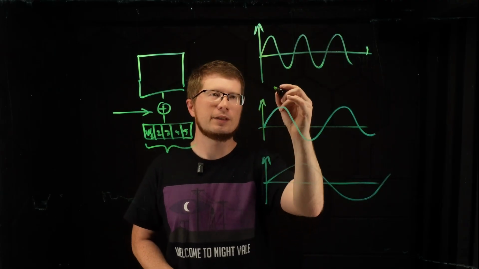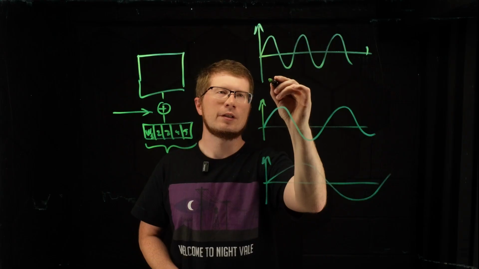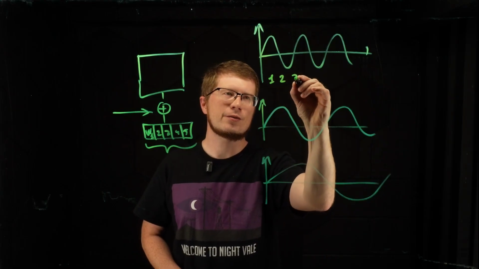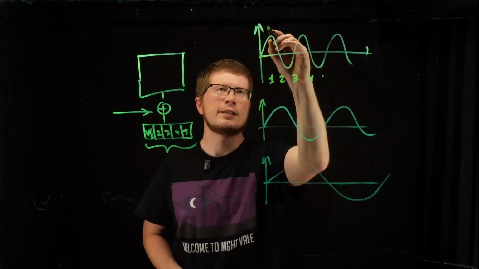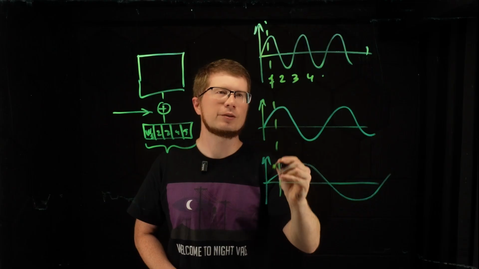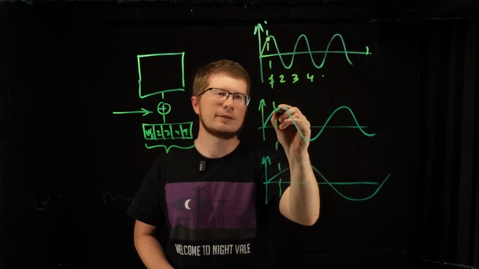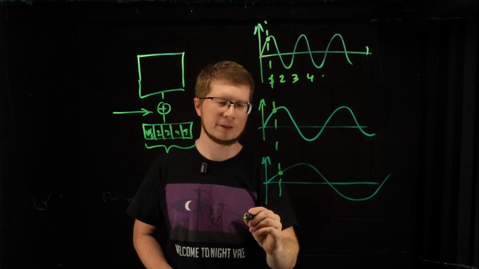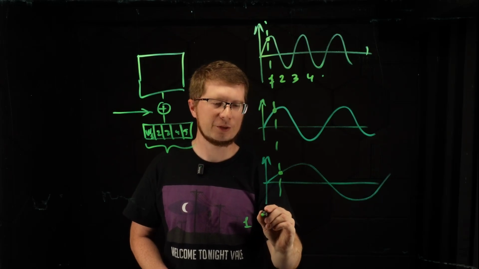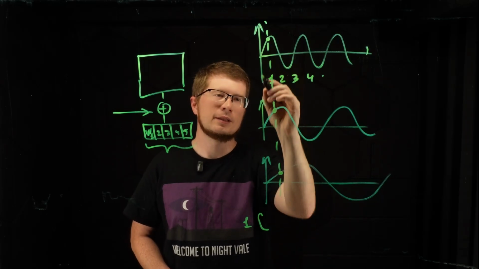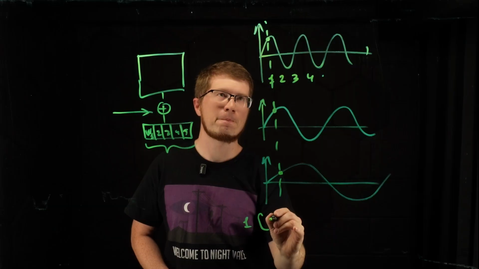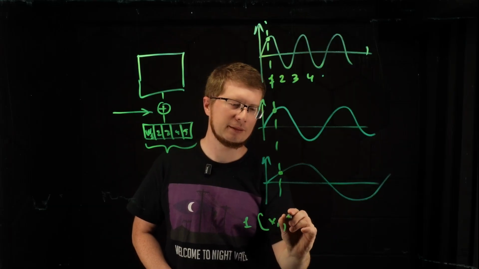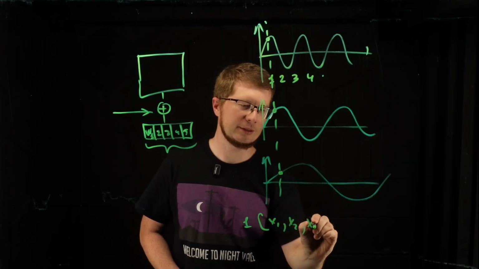So we have positions first, second, third, fourth, etc. So we have points on the chart like this. This is our dense vector for the first position. It's going to be x1, x2, x3.